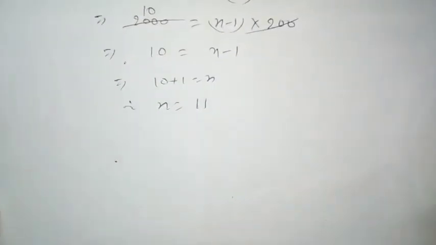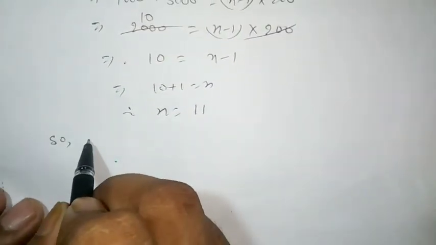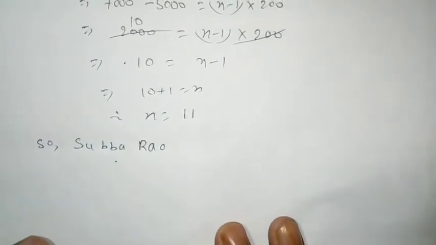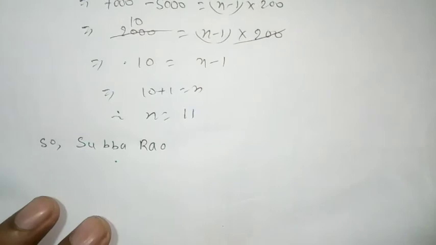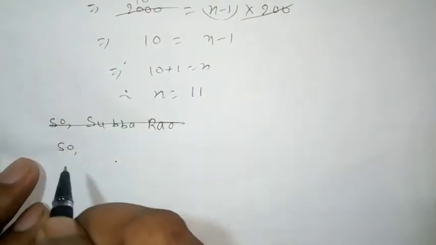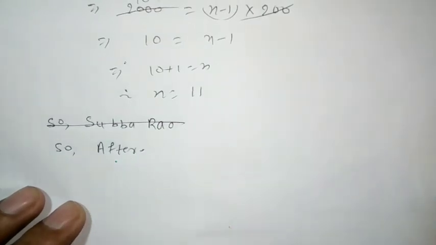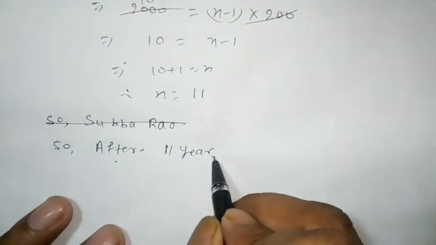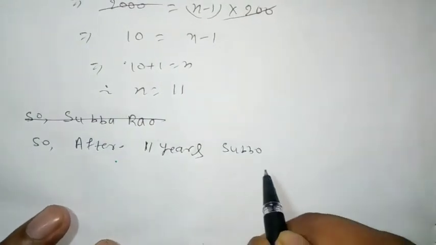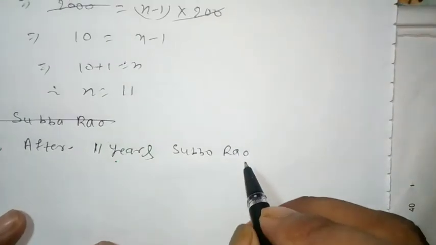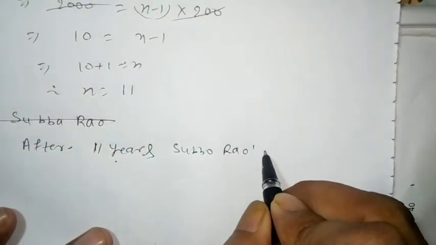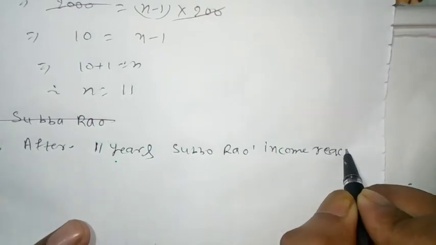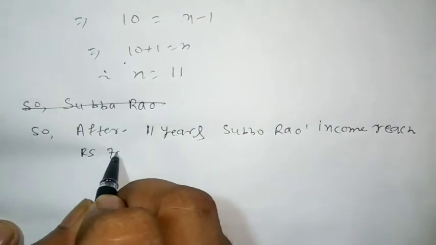So we write here: after 11 years, Subba Rai's income reaches rupees 7,000. Answer.